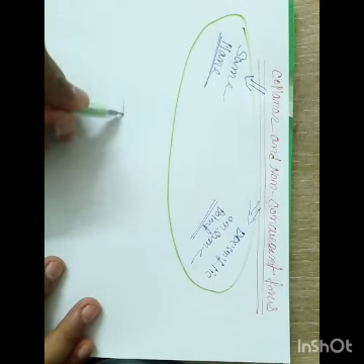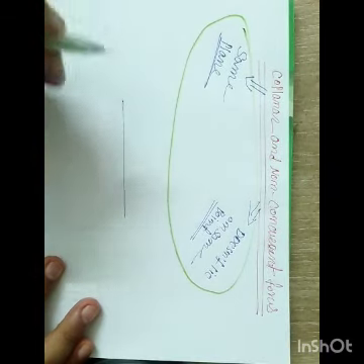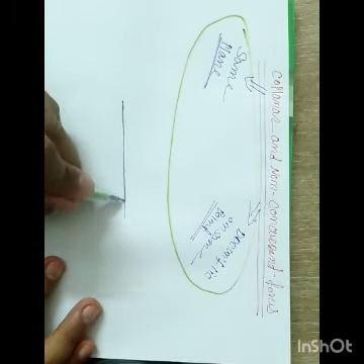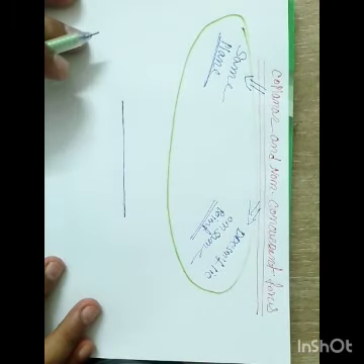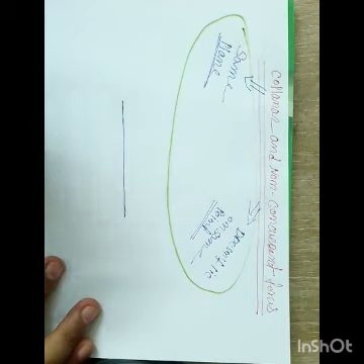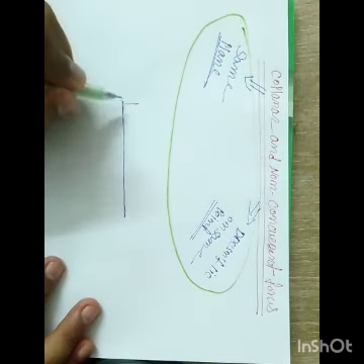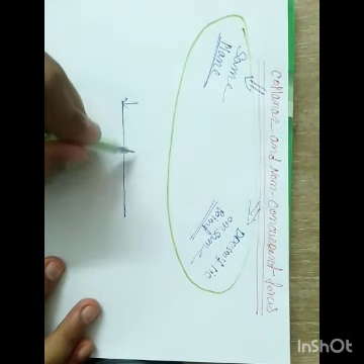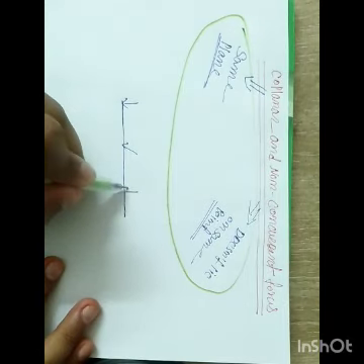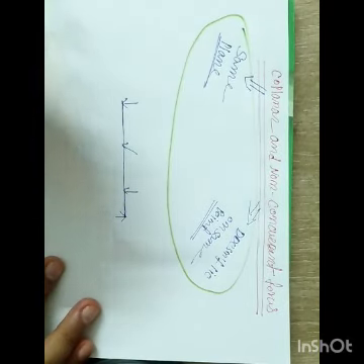You can see that you have one rod of length L. On this rod a number of forces are acting. Let's say this force is like this, this force is like this, and this force will be like this.